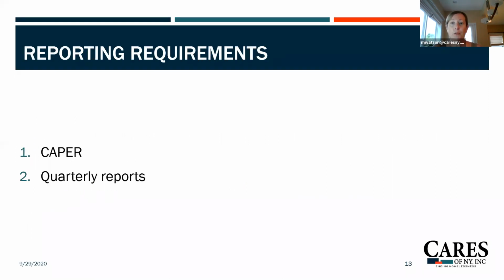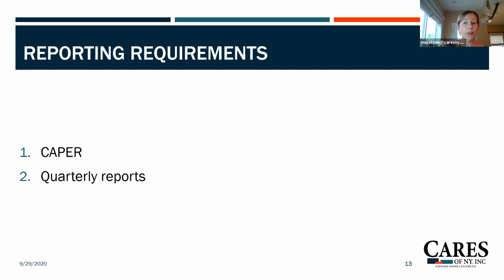There are two types of reports that are required for using ESG-CV funds. The first is a paper report, which is due 180 days from the program's year end, and quarterly reports are due 10 days after the end of each calendar quarter for city ESG-CV funds, and 5 days after the end of each calendar quarter for state ESG funds.